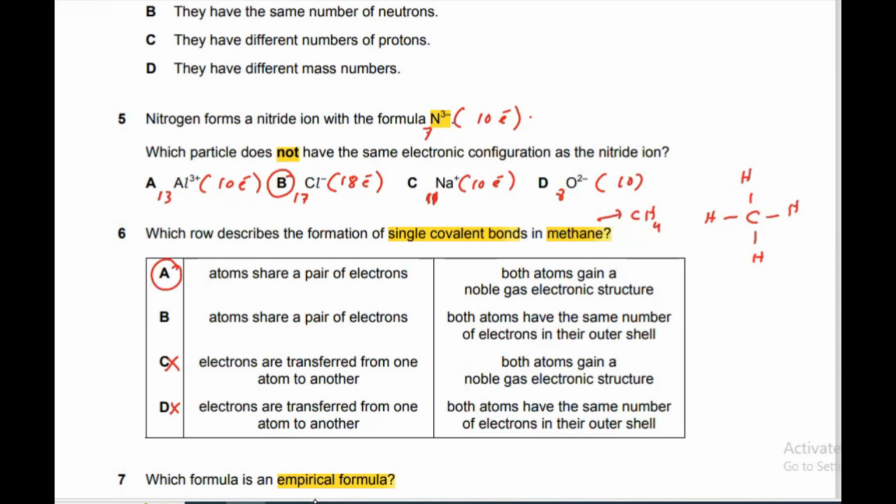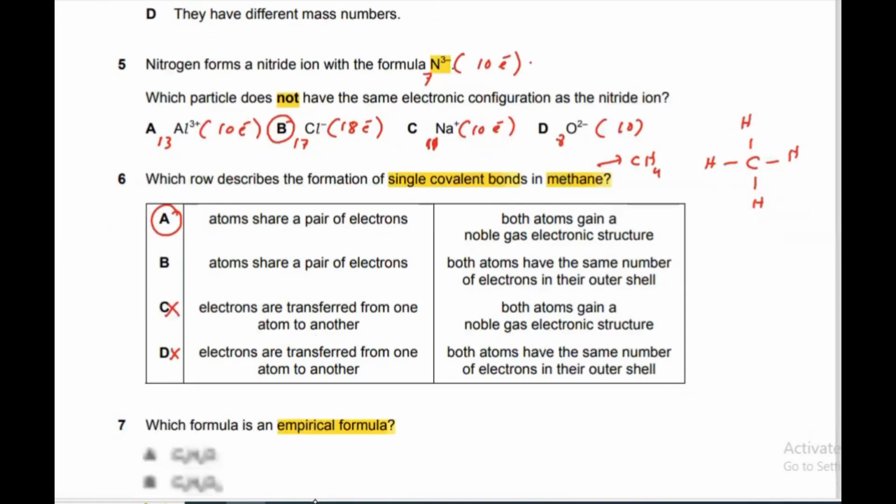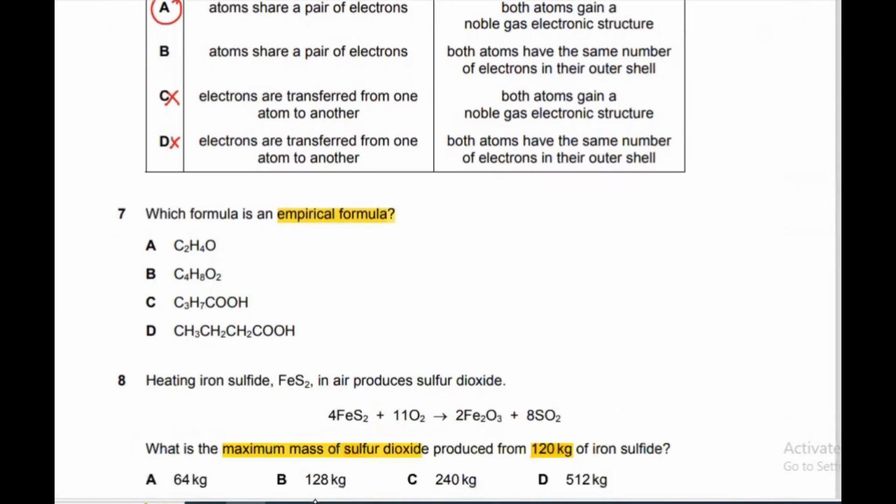Both atoms having the same number of electrons in their outermost shell is not possible, because when we share a pair of electrons here, hydrogen has 2 electrons and carbon has 8 electrons in its outermost shell. So A is the answer: in covalent bonding, atoms share a pair of electrons and both atoms gain a noble gas electronic structure.